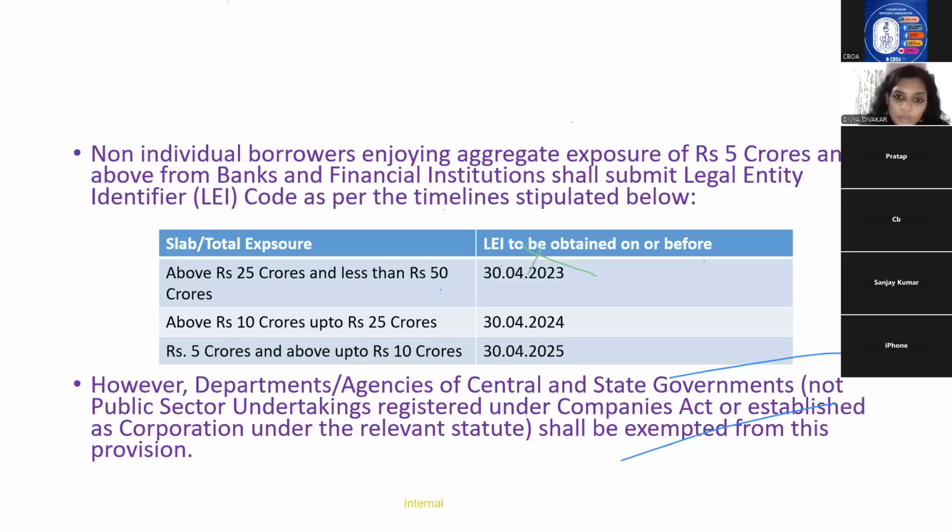Above that, it was already over. Above 10 up to 25, the last date was 3/4/2024. And 5 crore and above up to 10, now there is time till 3/4/2025. However, departments or agencies of central and state governments, not PSUs and all, shall be exempted from this provision.